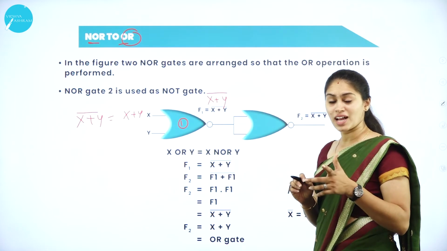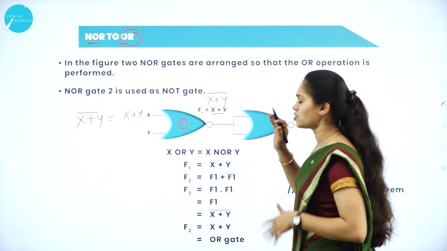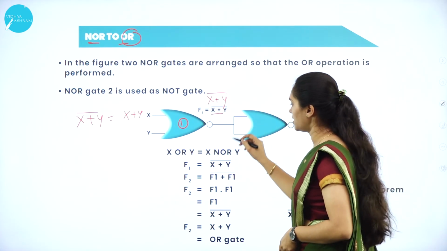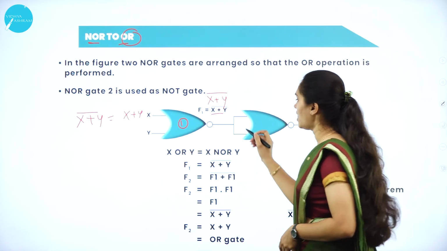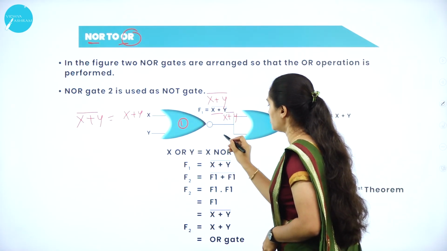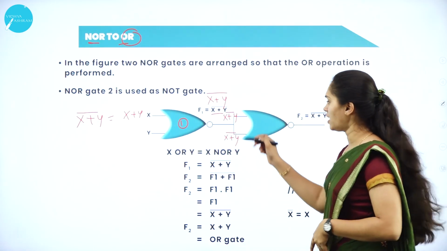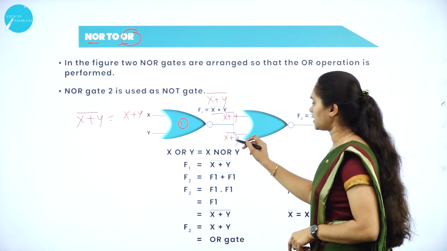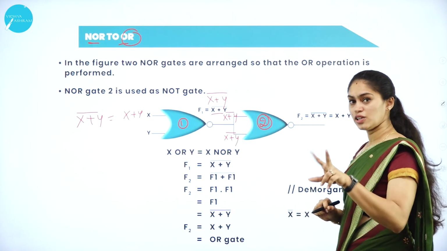No. Instead, I am shorting the output: when we short the inputs into a single signal, it will have the same input for both. That is (X plus Y) whole bar and one more input (X plus Y) whole bar, which will reach NOR gate 2.